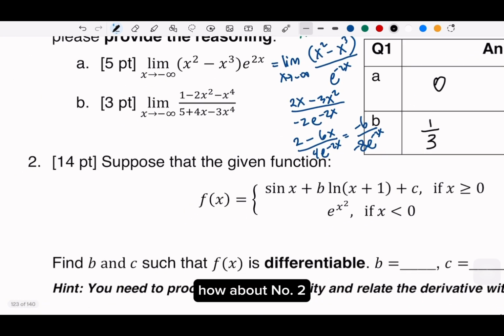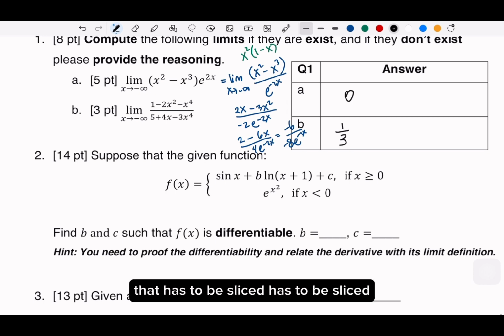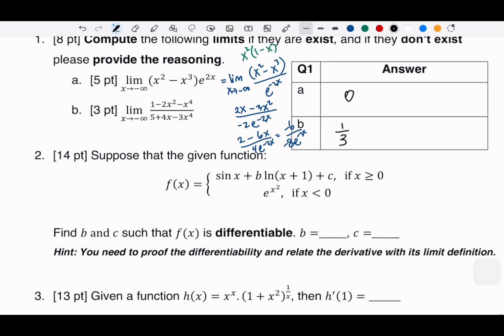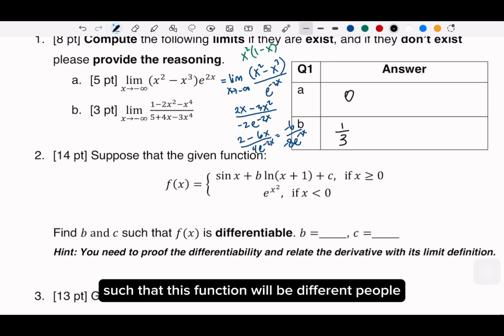How about number 2? Number 2, you need to prove using the differentiability and continuity. Okay? So we have a function that has piecewise. You need to find b and c such that this function will be differentiable.